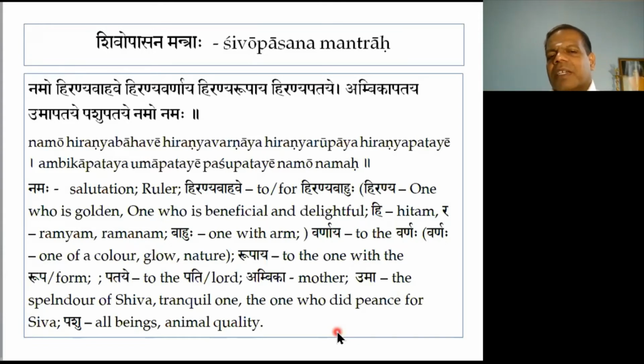In Kumara Sambhavam, which is a work of Kalidasa, he says the mother of Parvati, her name is Mena or Menaka, both are used. Apparently, because the daughter started doing severe penance from the age of five to attain Lord Shiva, she said, U, Ma, meaning don't do heavy penance.